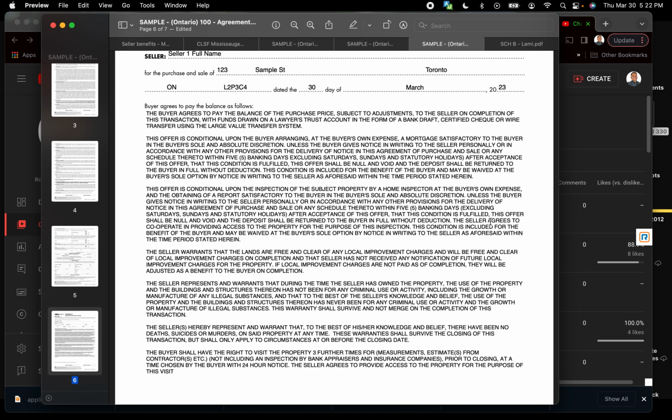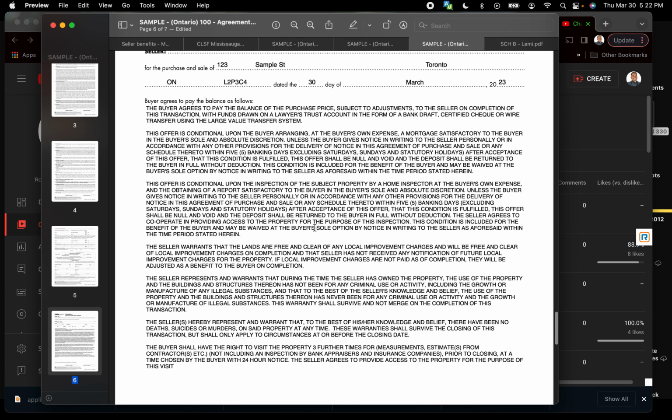If this condition is not fulfilled, this offer shall be null and void, and the deposit shall be returned to the buyer without deduction. The seller agrees to cooperate in providing access to the property for the purpose of this inspection. This condition is included for the benefit of the buyer and may be waived at the buyer's sole option by notice in writing to the seller as aforesaid within the time period stated herein.